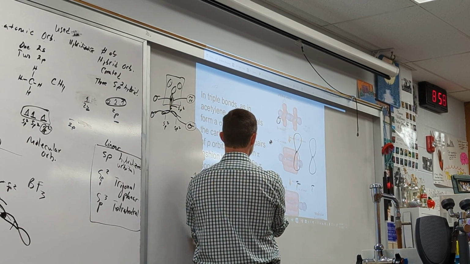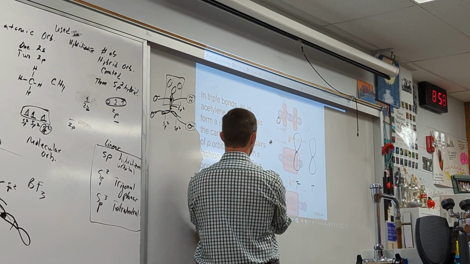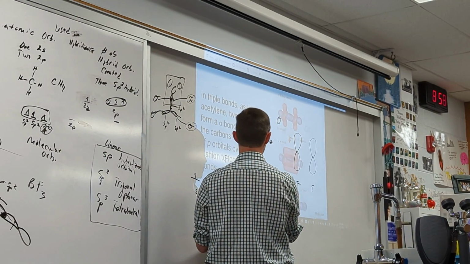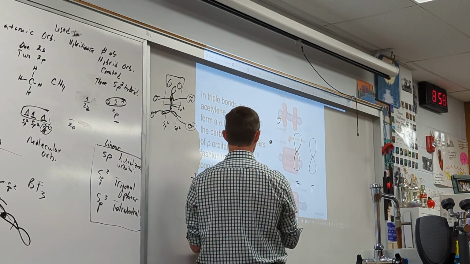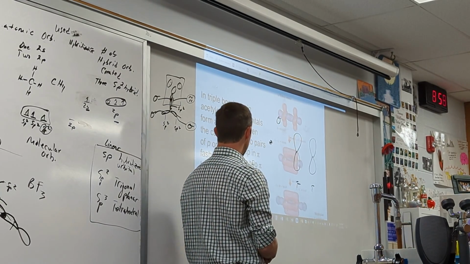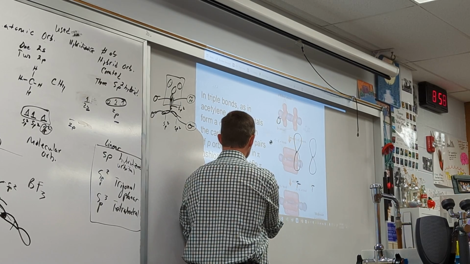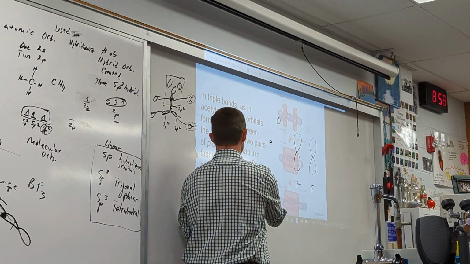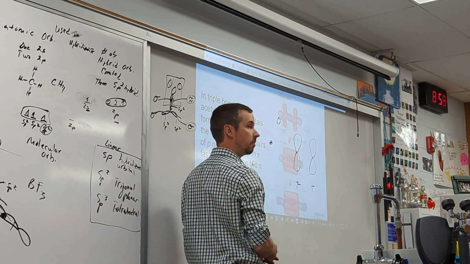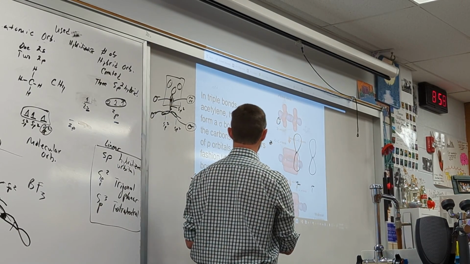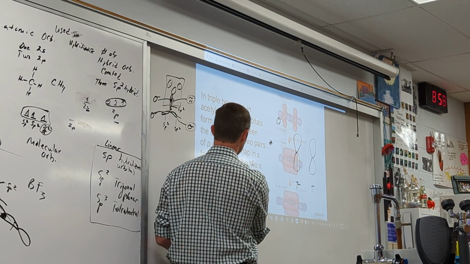Here's the other SP. What's this orbital? That's the 1s. Okay. All right. Let me draw this a little bigger because it's overlapping here, and this is overlapping here. Okay. What type of bond is this? Sigma or pi? How do you know? Single bond? Because it's a single bond. What about here?